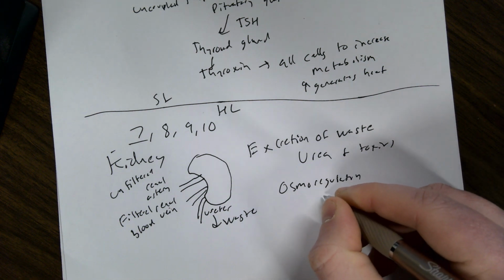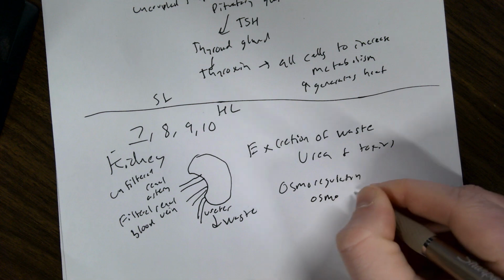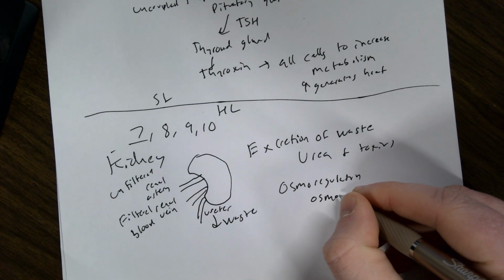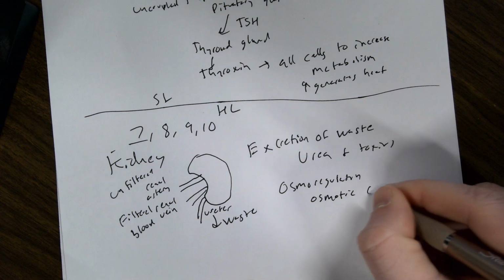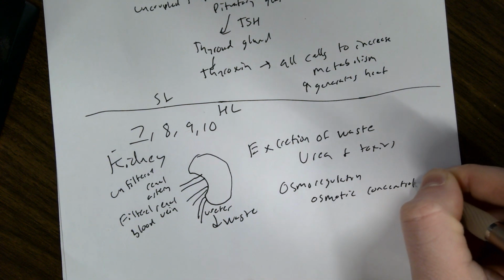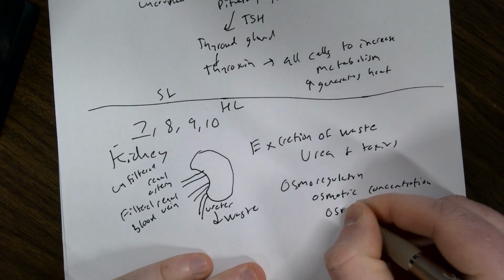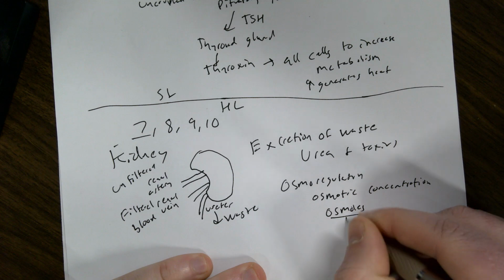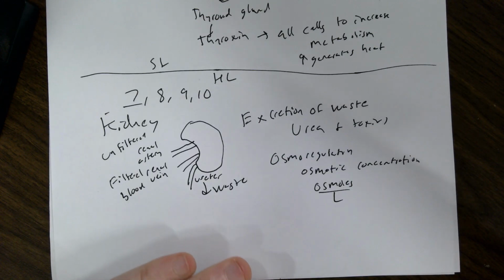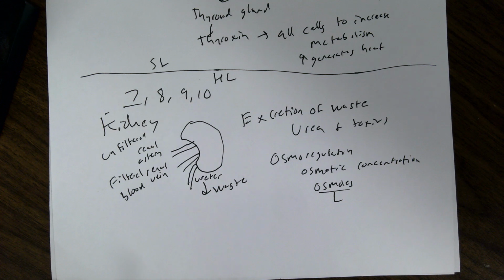Osmoregulation is the regulation of the osmotic concentration, which is a way of saying the number of solutes, right? So it's osmoles per liter is how we measure it. And so those are the 2 parts.